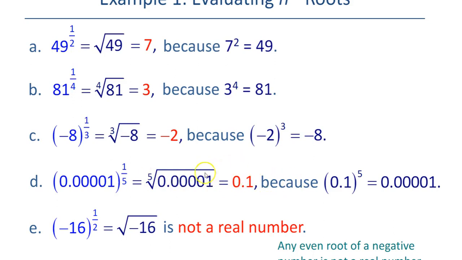These right here, I do a lot on the calculator, just in case, better safe than sorry. And of course, this one, notice I have an even n with a negative number there. That means this is not a real number. Like I said, we did more of these in class, and we've got more in the notes section.